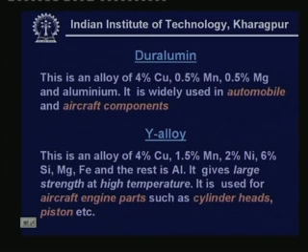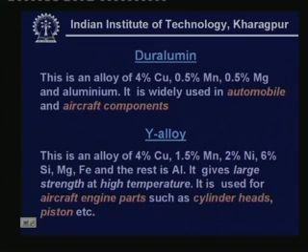Y alloy is again an alloy of aluminium which contains 4% copper, 1.5% manganese and 2% nickel. In addition to that, it has 6% silicon, magnesium, iron and the rest is aluminium. You can see that although we said there is no iron, some amount of iron is present in Y alloy. But primarily it is a non-ferrous material.